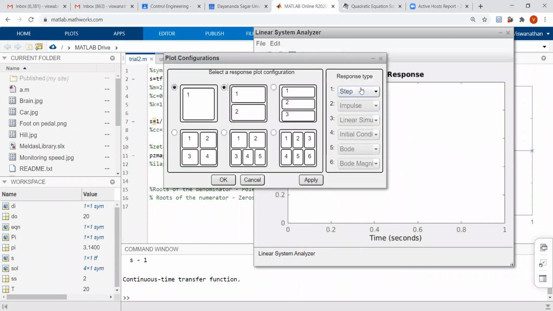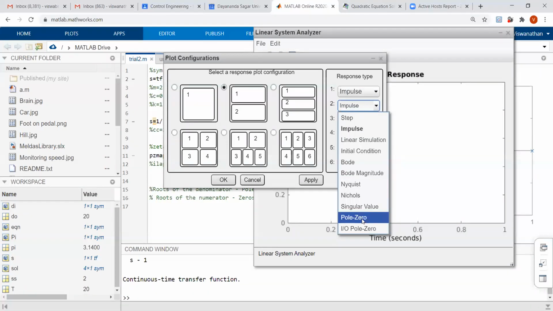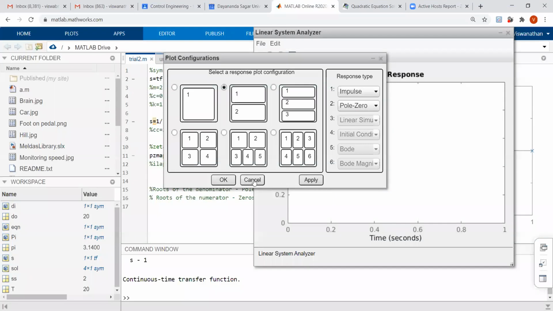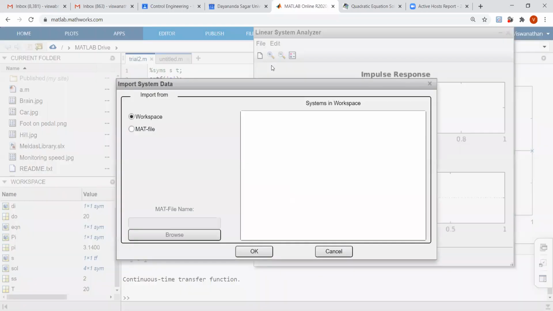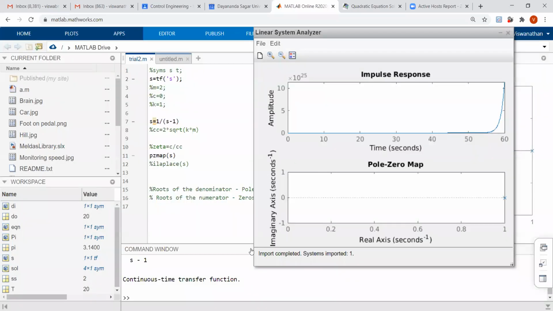I want to see the impulse and then the pole 0. Apply this, say OK, and then import the file, this transfer function. So you can see the pole is at 1 now. So the system is unstable.